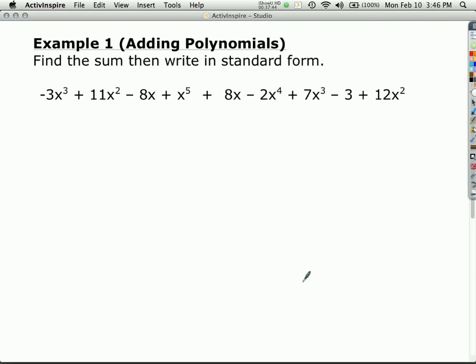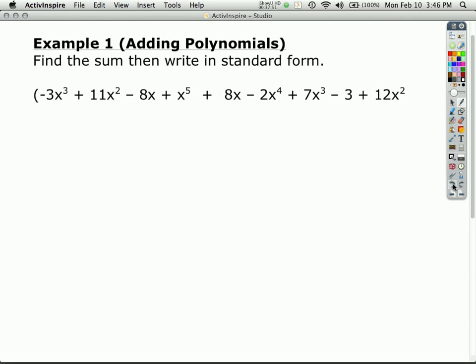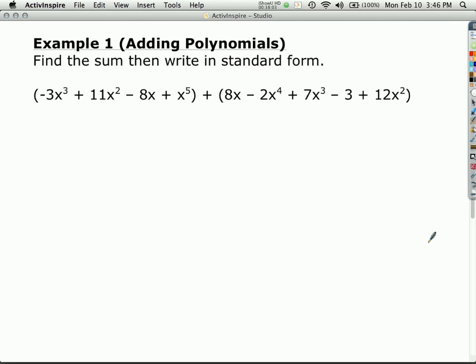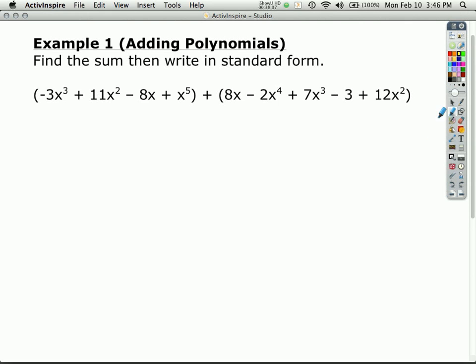Because everything's being added, that's the same thing. So what we want to do is look for what we were looking for during the warm-up, like terms. But since we have to write it in standard form, we want to look for the highest degree first and work our way down. So could someone identify the highest degree for us out of all of this?